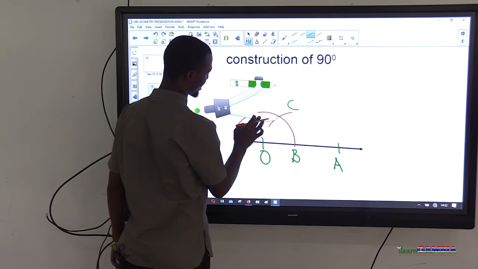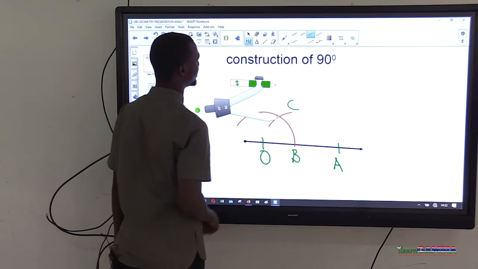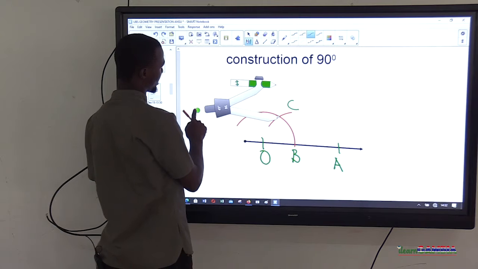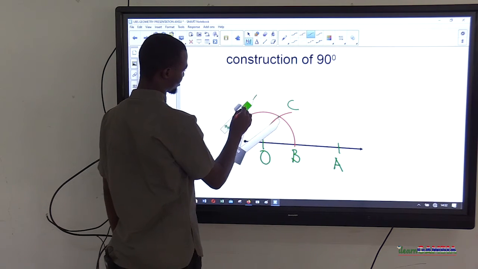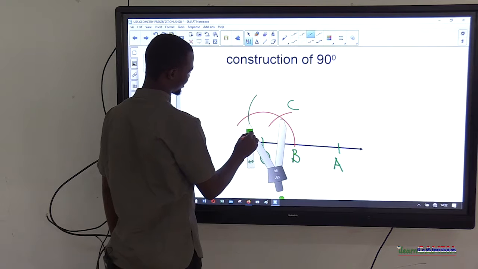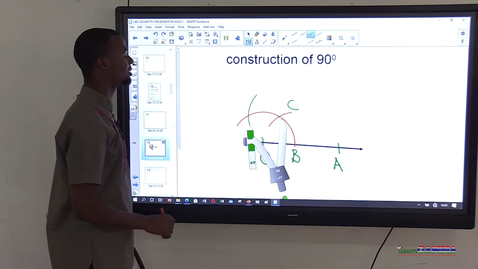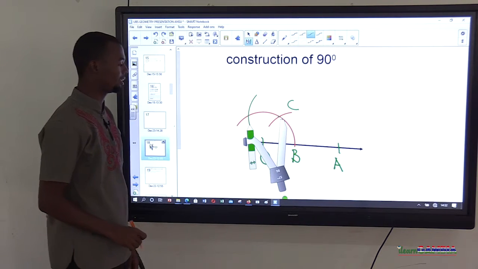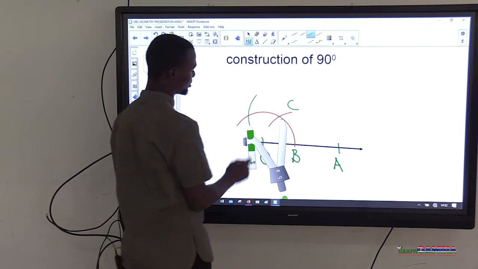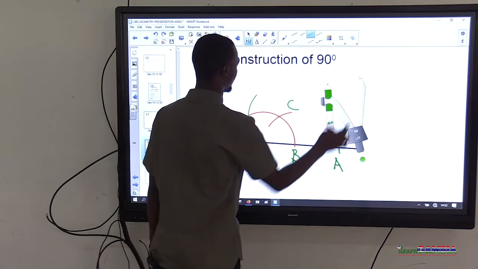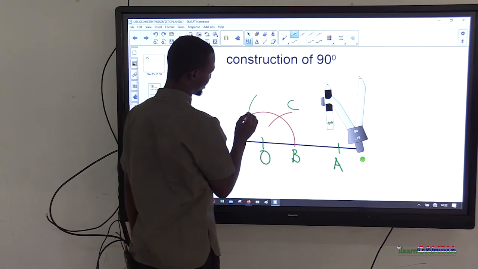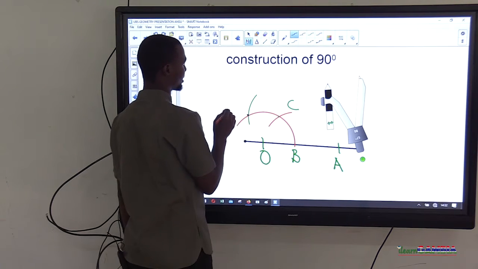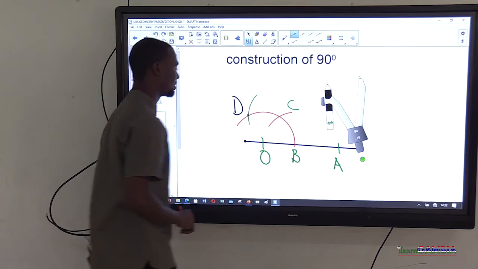We cut off another arc, cutting the first one at D. So the point of intersection between the arcs is D.